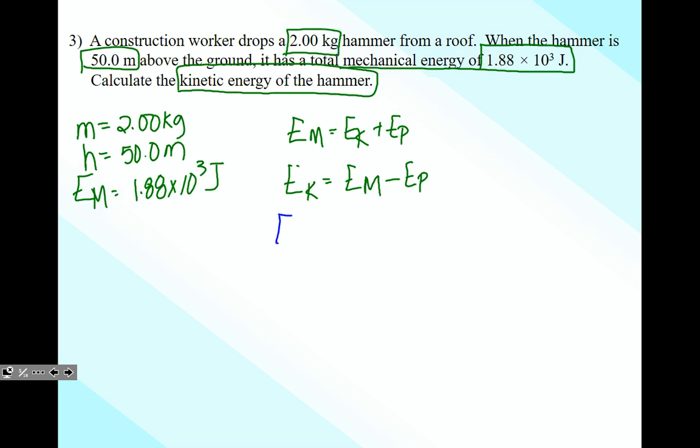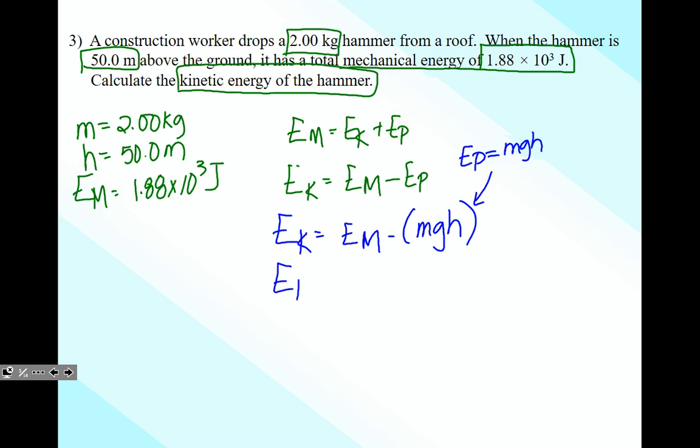So now EK is equal to our EM subtract mgh, which is our formula for EP. EP is equal to mgh, so we're going to use that. Our EK is equal to 1.88 times 10 to the power of 3 joules, subtract my mgh.